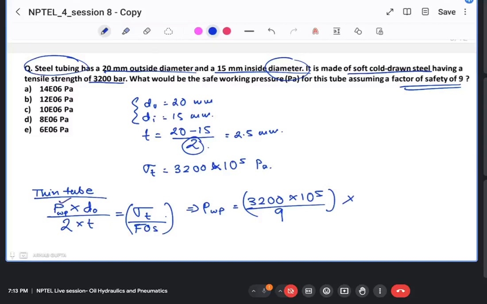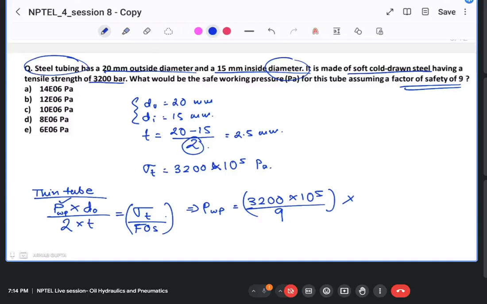There can be some intermediate hikes in pressure due to some shock waves that are generated within the fluid circuit. That again comes into picture when there is suddenly some blockage in the flow.